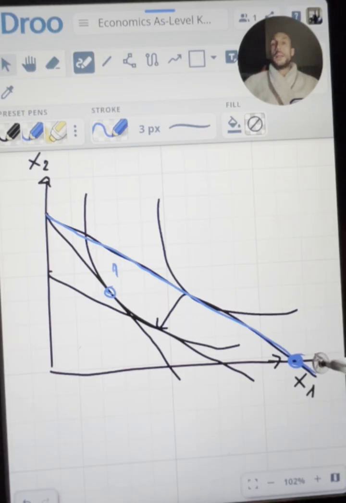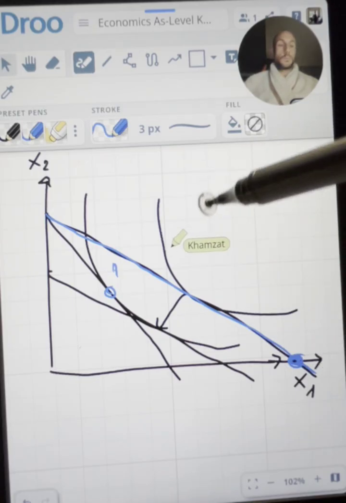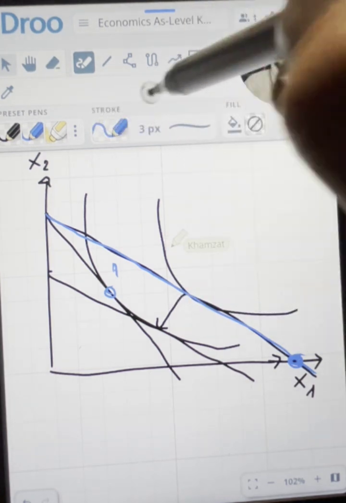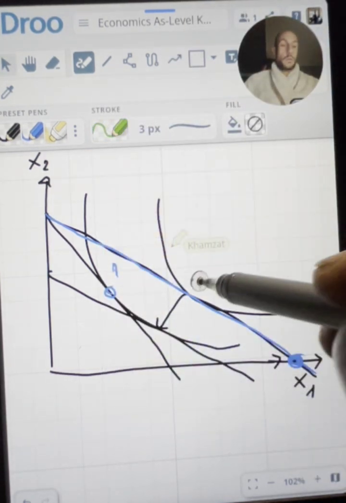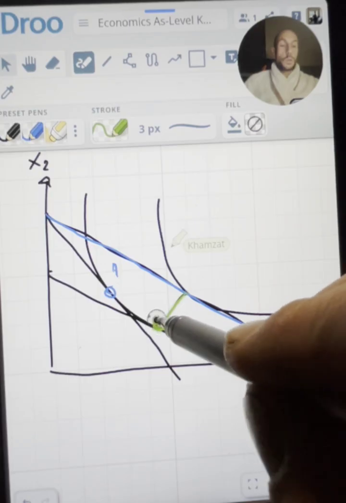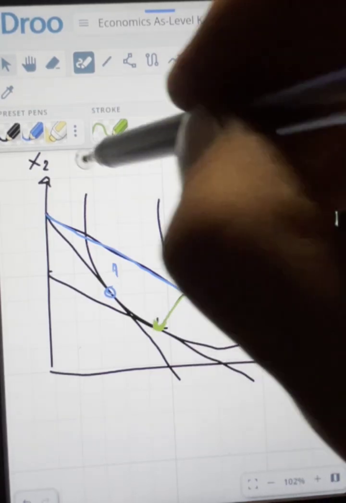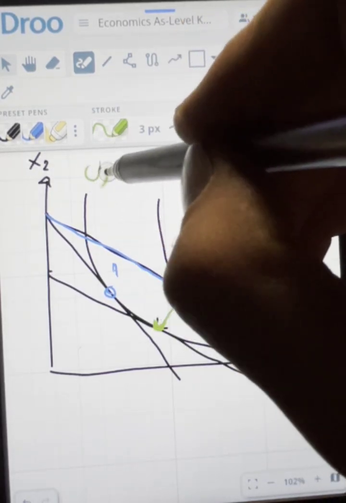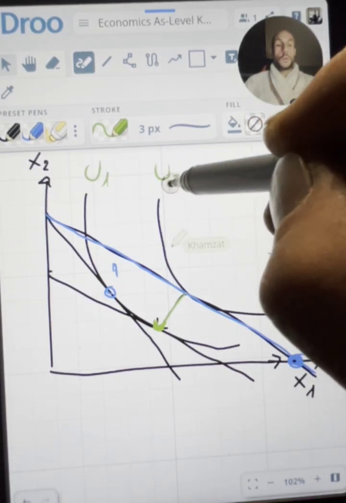So when the price goes down, you are able to afford more, and you will do that. Then we shift back to the original utility curve. This is the utility curve U1, and this is the utility curve U2.